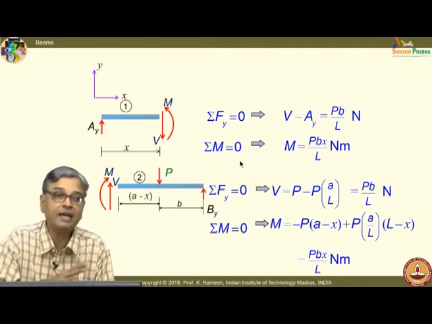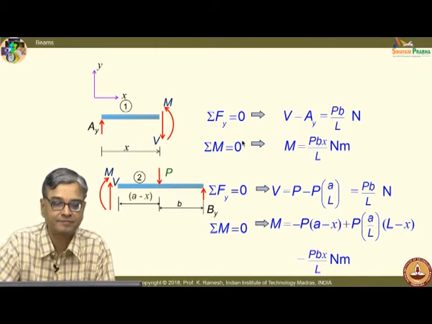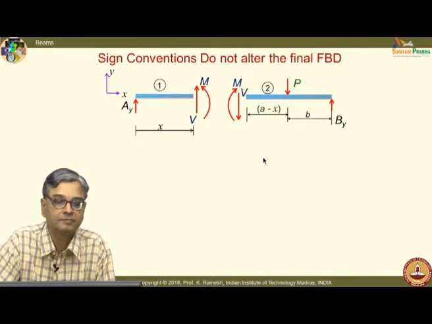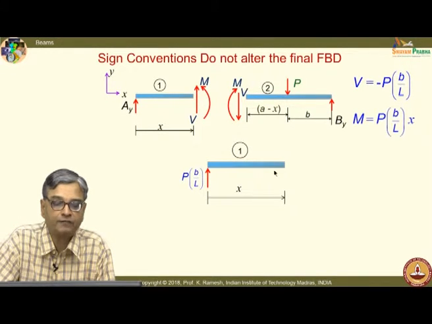Now, let me compare these two sign conventions for clarity. First, let me take the sign convention by Crandall and Dahl, and I have V as minus Pb by L and M as Pbx by L. If I apply this and indicate the final free body, how would I put the forces?